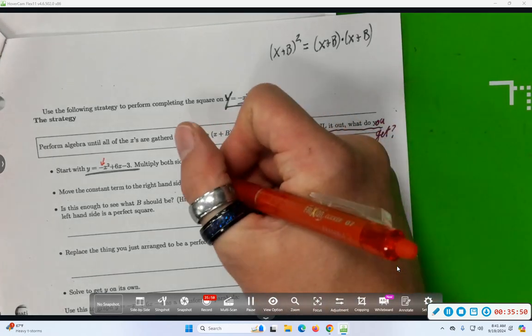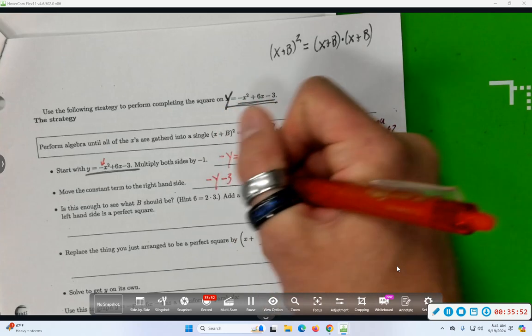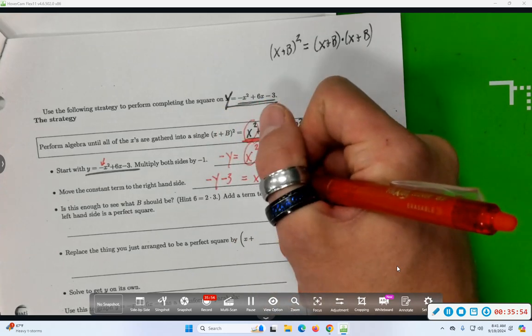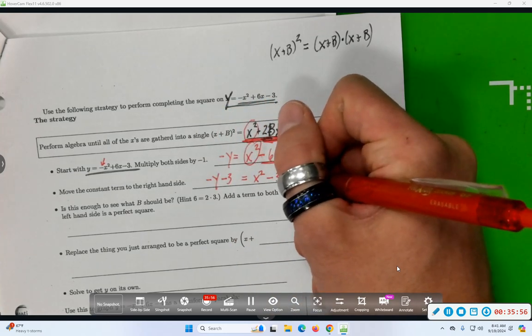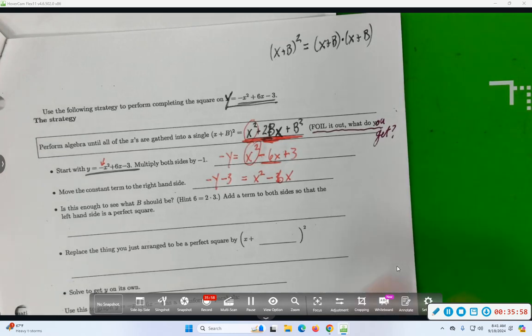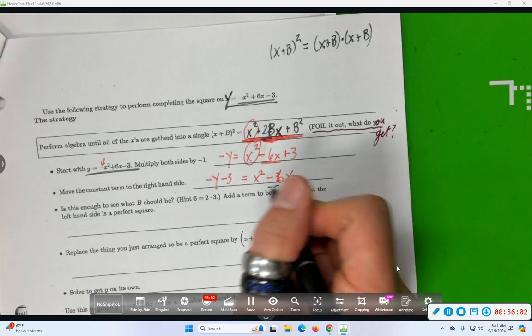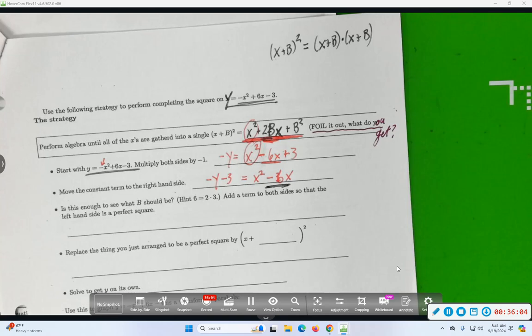So minus y minus 3 equals x squared minus 6x. Now there's no constant term. So I would like to pick my b so that 2bx is the same as minus 6x. So what does it look like I would like b to be?